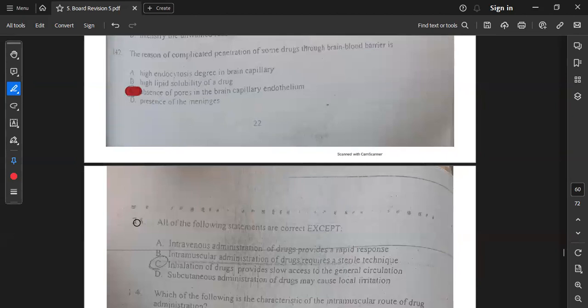Can we look at other reasons? Like we'll go through the other choices. High endocytosis degree in brain capillary. What do you have to say about them? No, the other reasons of complicated penetration.